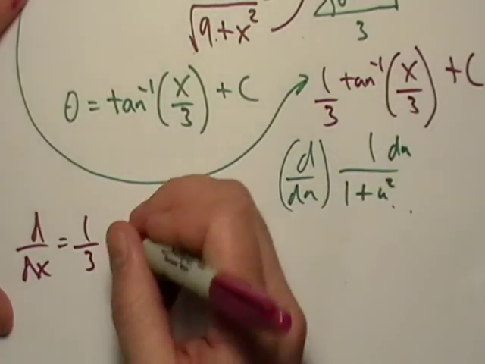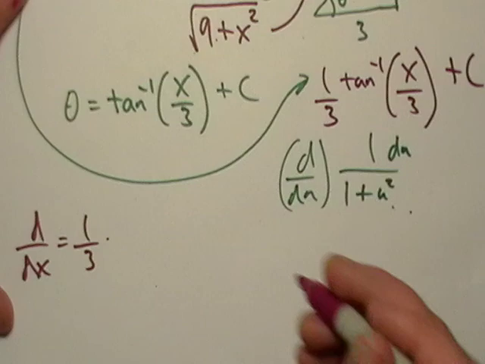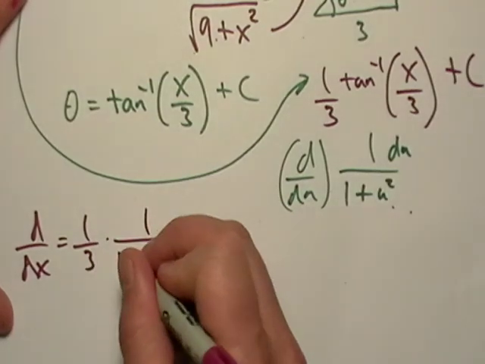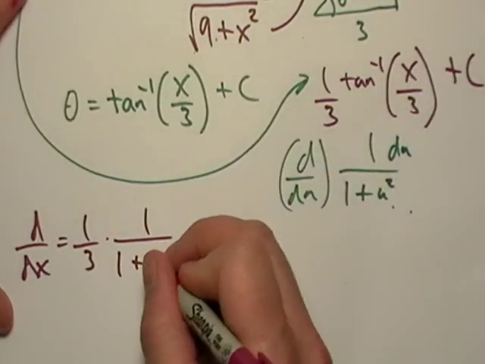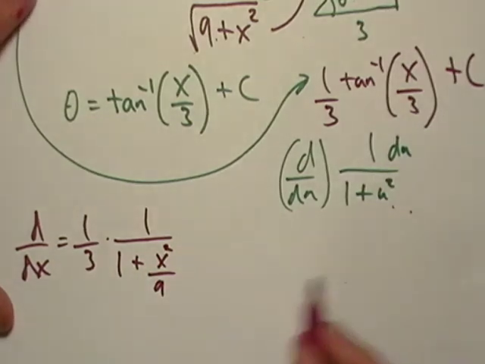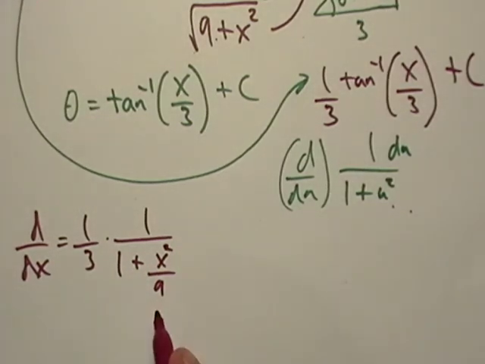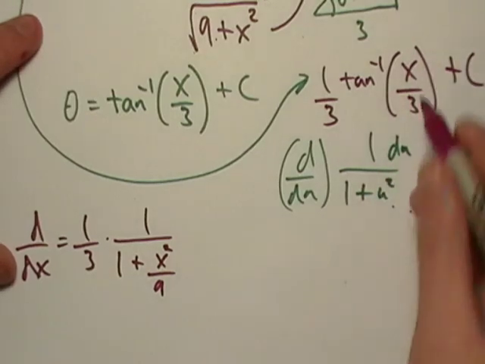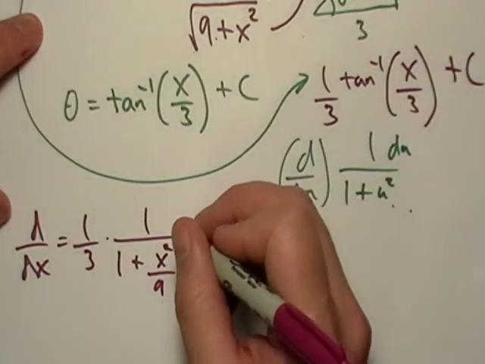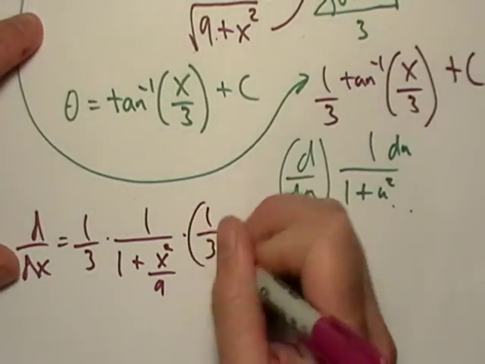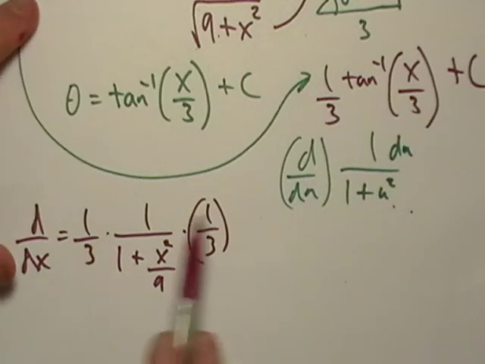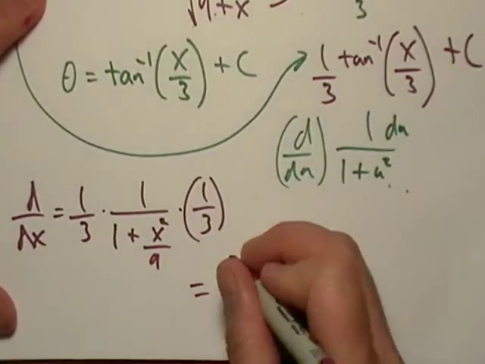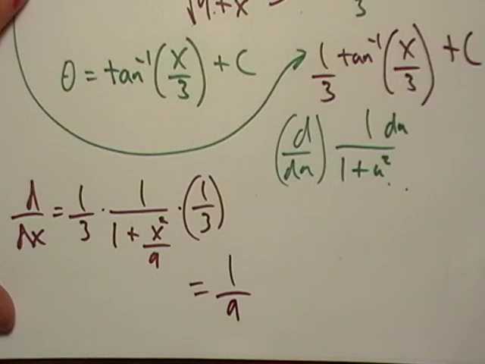So down here we have 1 over 1 plus x squared over 9, times the derivative of the inside, which is just going to be 1/3. So we multiply this whole thing by 1/3. It looks kind of weird, but this is actually going to be 1/9, I believe. Yeah, so that's going to be 1/9.